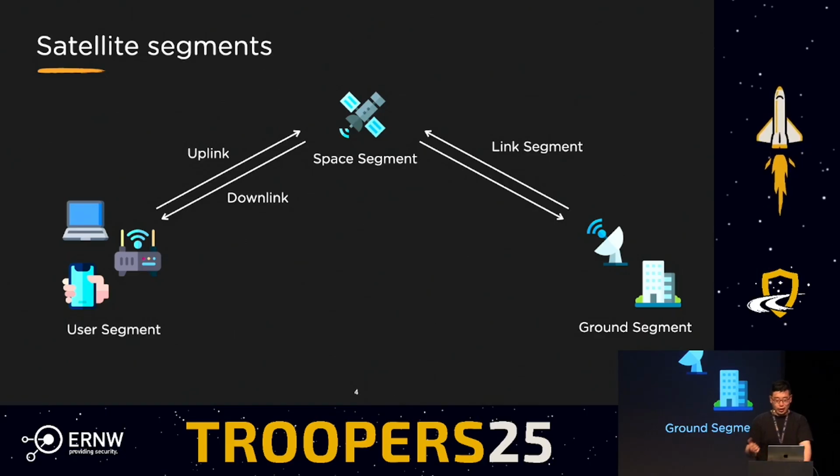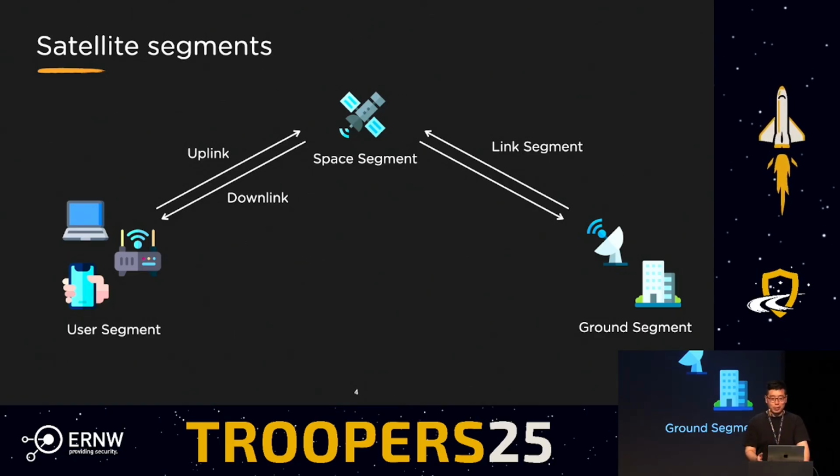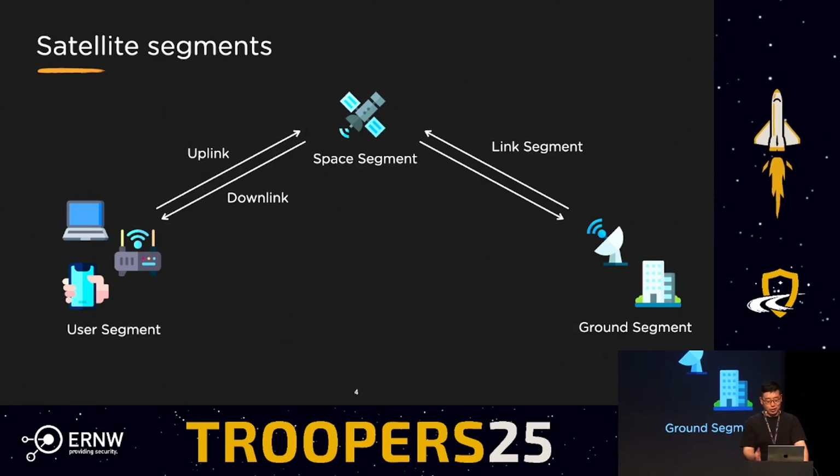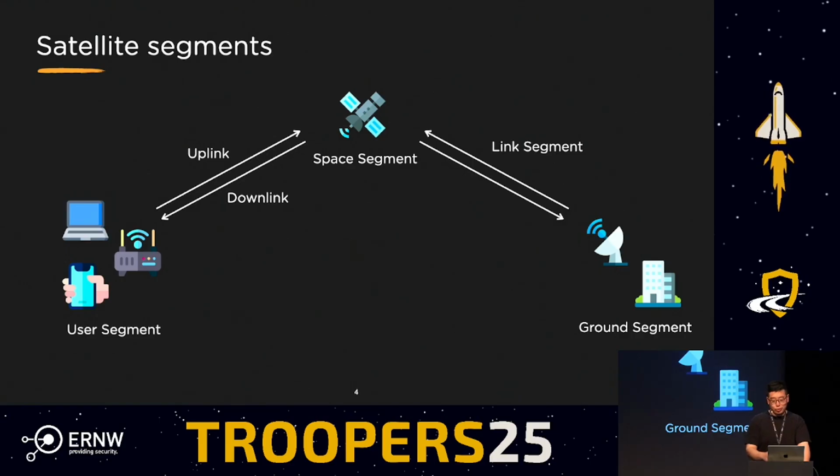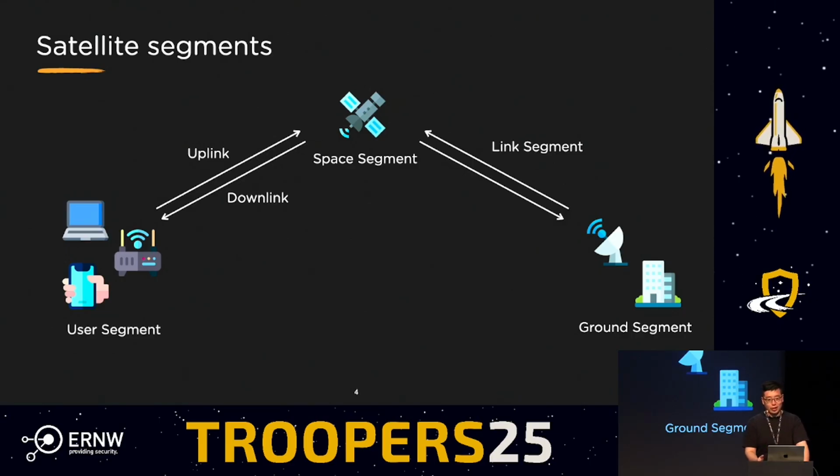And there is the ground station segment, which is the core control of the whole space system. Between these 3 segments, communication happens by RF, radio frequency. So there's one more segment named the link segment, which transmits the data between the different segments.